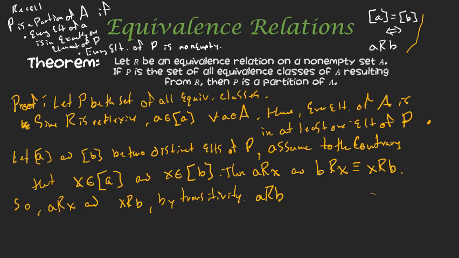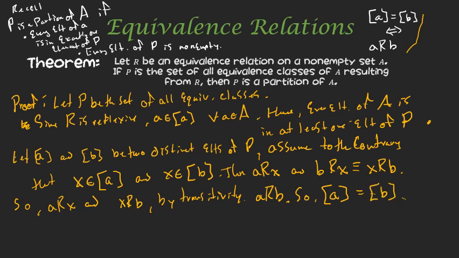We know that A is related to B, and so it follows that the equivalence class containing A is equal to the equivalence class containing B. So, by the previous theorem, A is equal to B.